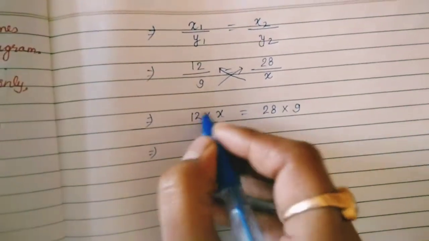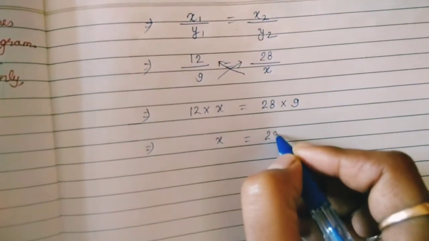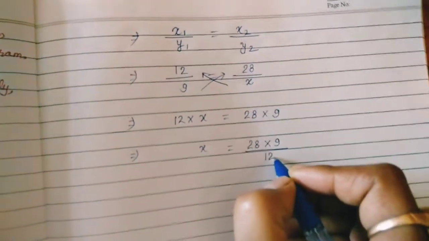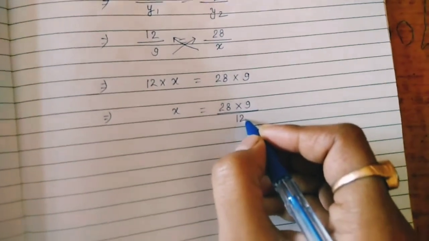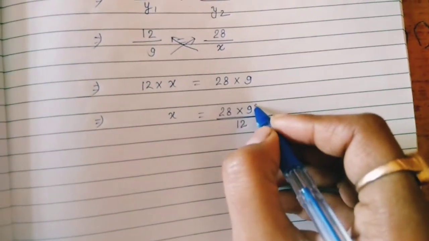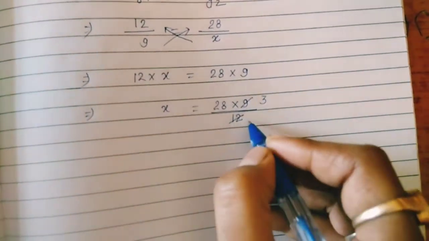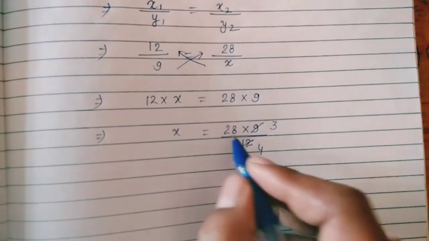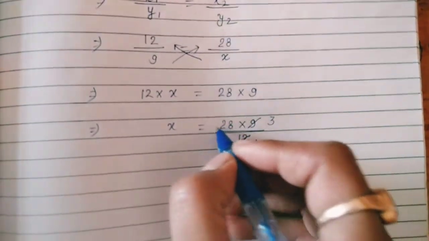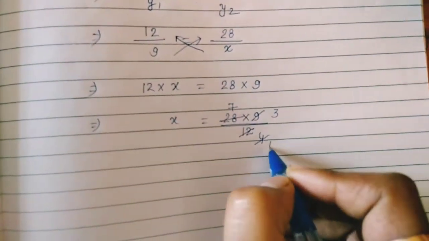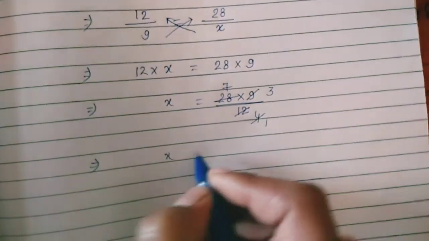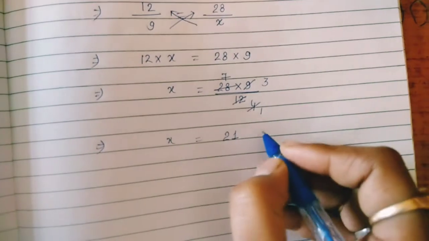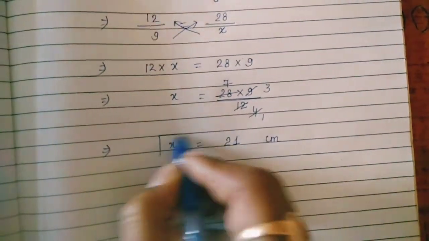Here the multiplicative 12 will go to the opposite side in the division, so we reduce it by the table of 3: 3 3s are 9 and 3 4s are 12. Okay, from the table of 4, 28 can reduce 7 times and 4 will reduce 1 time. So we have 7 3s are 21, which is the length of the model in centimeter.